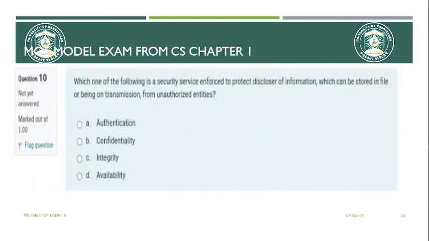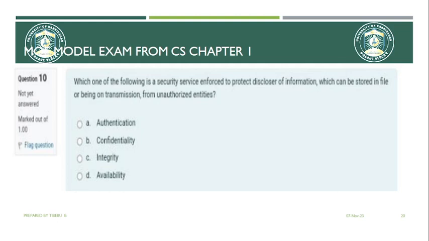These are model exam questions taken from the Minister of Education for Computer Security Chapter 1. For example, let us see the first question, question number 10, which says: which one of the following is a security service enforced to protect disclosure of information which can be stored in file or being on transmission from unauthorized entity?